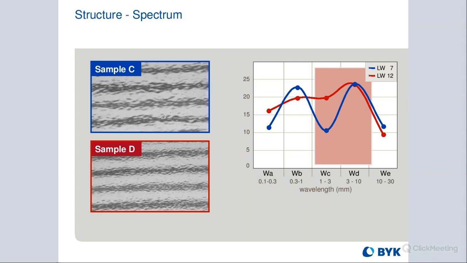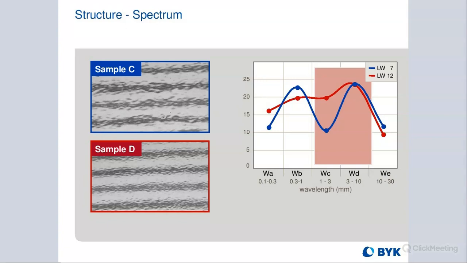If I look at the structure curve for sample C and sample D, sample C has two humps, and sample D is kind of straight across and then comes down at the end. What's important on this slide is that the double hump gives you a better appearance than the red line, which doesn't really have two humps.